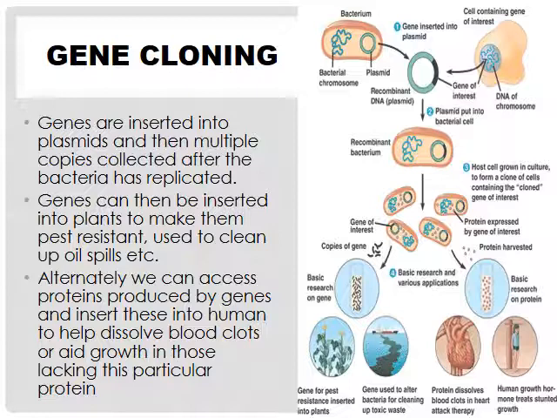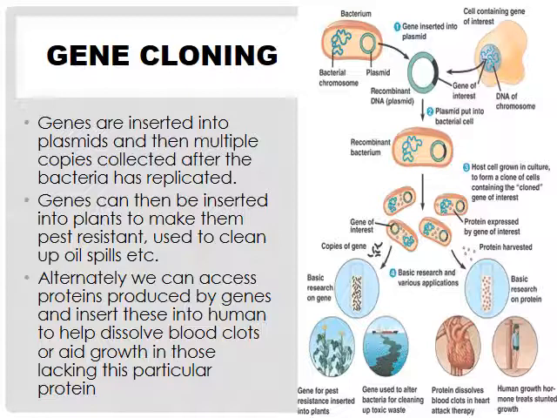So you've got a bacteria cell which has the plasmid inside each individual bacteria cell replicating itself to make multiple copies, and then you've got the bacteria cell itself replicating to make even more copies. So what we're left with after a certain period of time is many bacteria cells that contain multiple plasmids that contain the gene of interest. So therefore we've got many copies of the gene of interest.